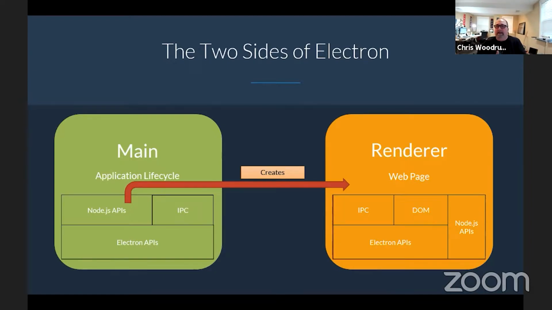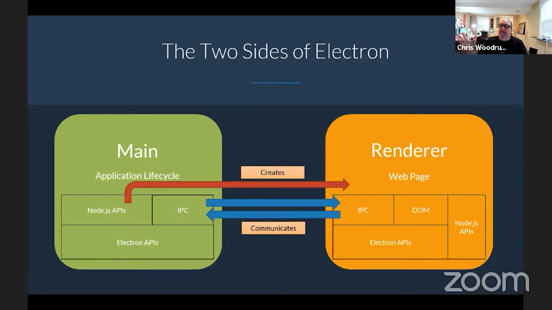So the main starts up and it stands itself up, and then it says, okay, now we're going to render the web application that this Electron app will host, and then we can communicate back and forth.